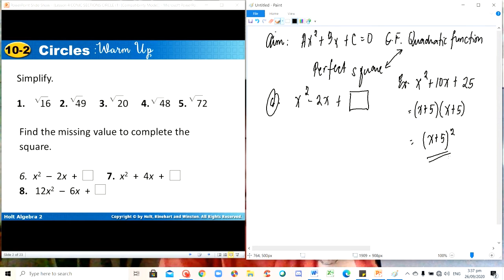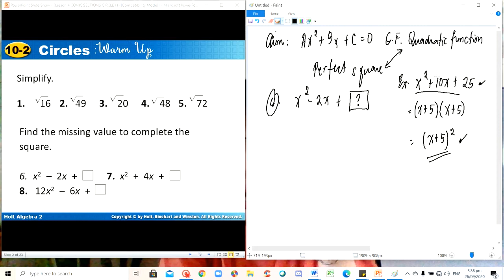This is the perfect square that we are looking for. Our task is to find the number that must be added so that we yield a quadratic function that can be written as a perfect square.